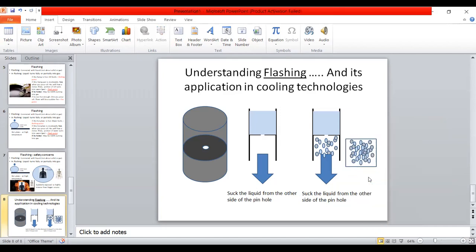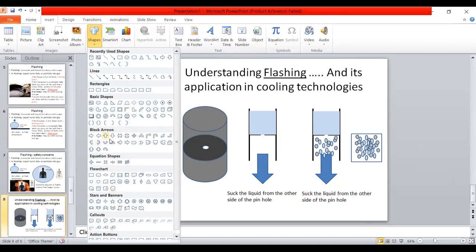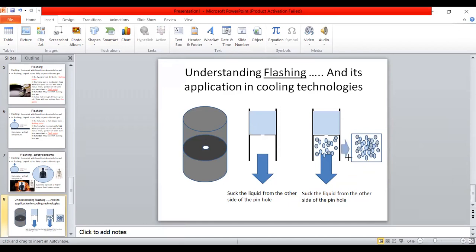Very good. So this is the situation of this coming out. See, like this. When you suck, it is like this. But originally like this, turns into this.